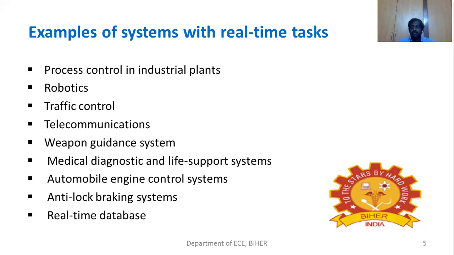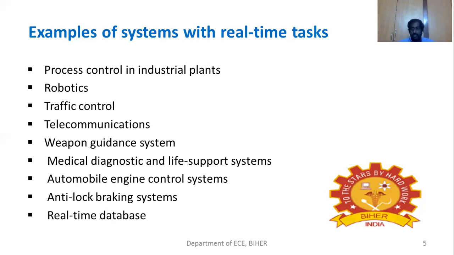Each task should be completed within a specific time, and only then can the sequential process be done effectively. So process control systems are highly related to time, and real-time tasks are used in them.